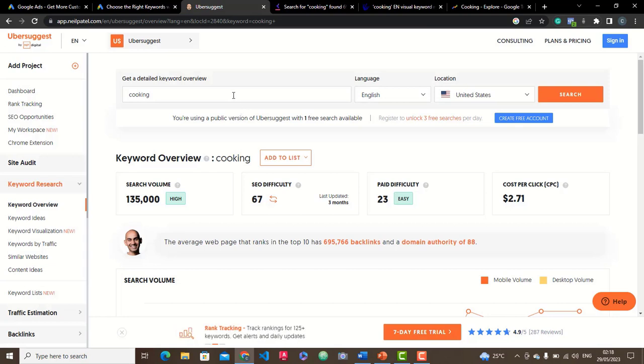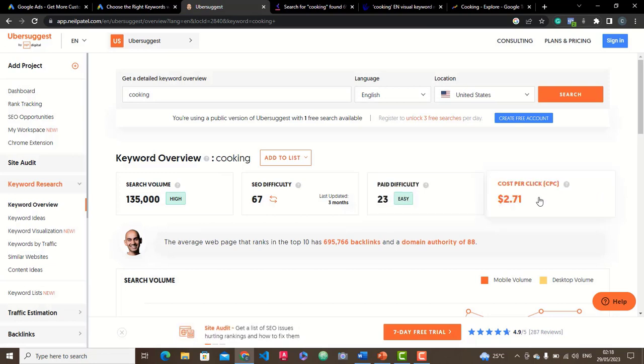An average website that can rank in the top 10 of Google has to have over 695,766 backlinks and a domain authority of 88. Just to tell you that this is a very difficult keyword to break into.